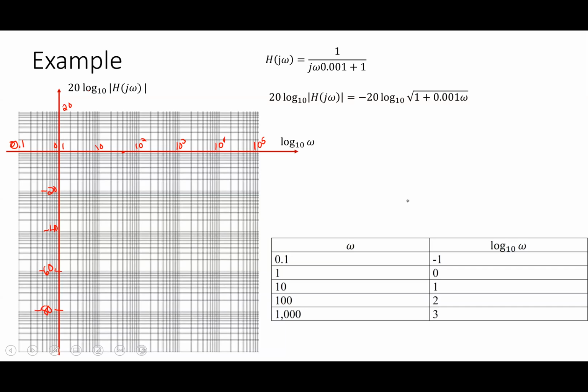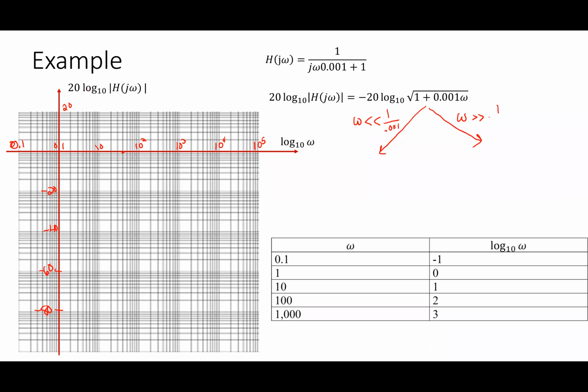Maybe not. All right. What I want to do is use that approximation we made here. For frequencies much, much lower than the pole and frequencies much, much higher than the pole. What's the pole here? The pole is 1 over 0.001.